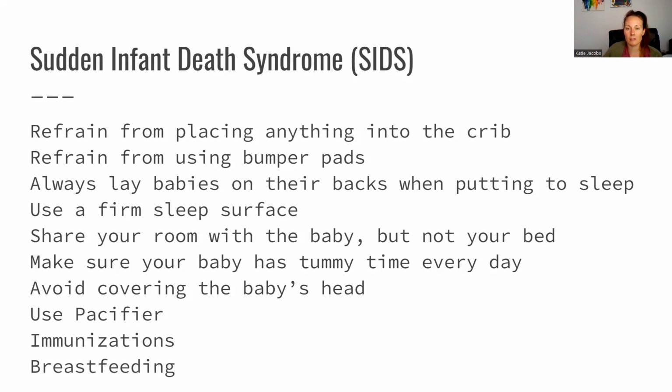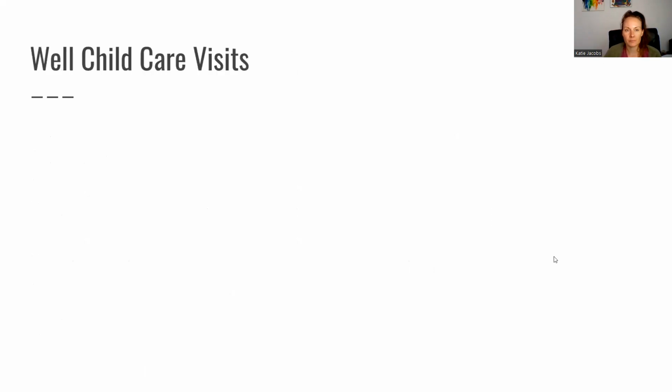This is just one theory. If we look at some of these recommendations for how to prevent SIDS, we see things like breastfeeding or using a pacifier, which strengthens the airway, or tummy time where the baby could lift their head up if they needed to, and using firm sleep surfaces so that they're not being smothered. So it may be really tied to it, but they have not said 100% this is what causes SIDS yet.